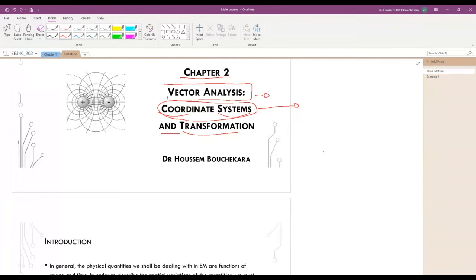In addition to the Cartesian one, which one? A cylindrical. What else?